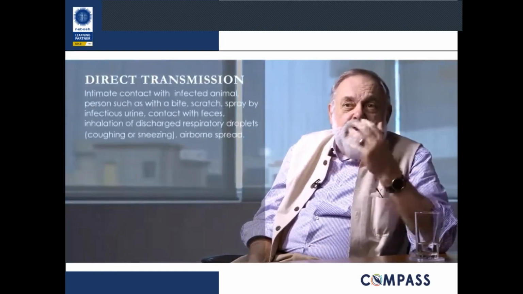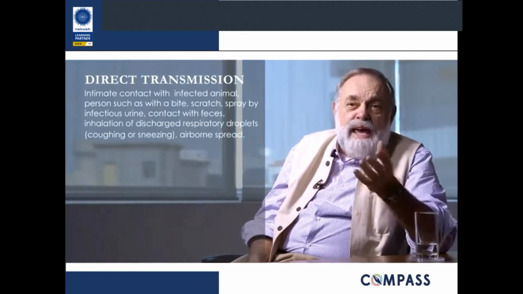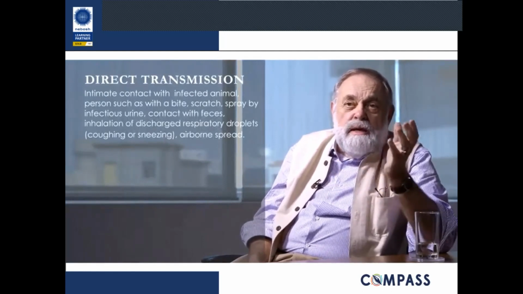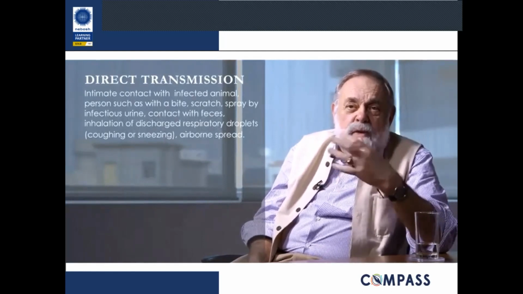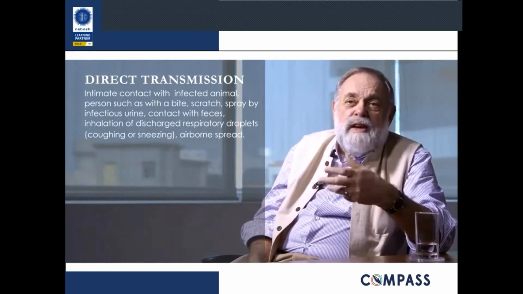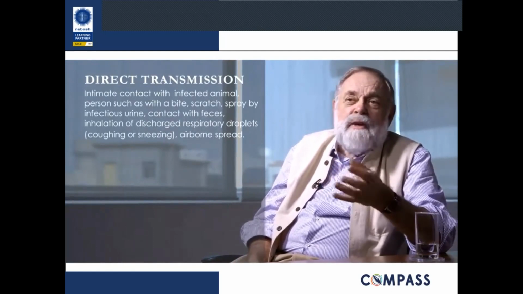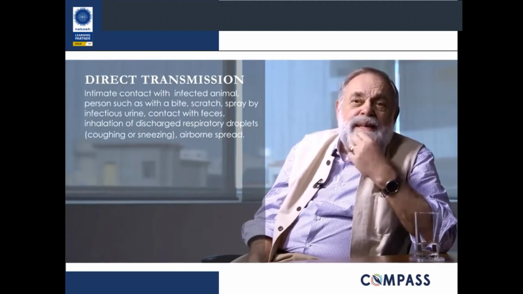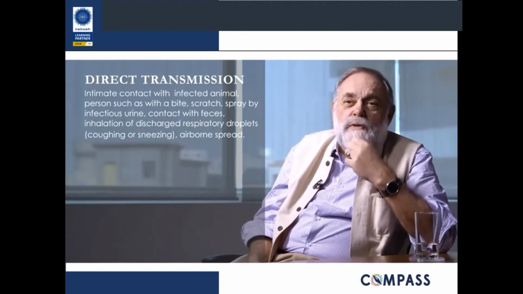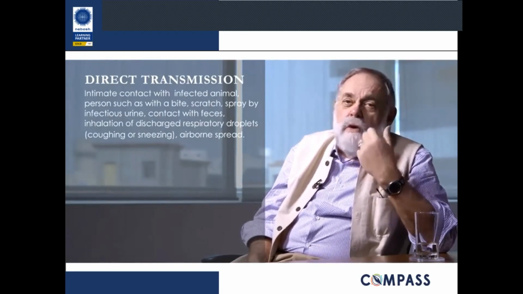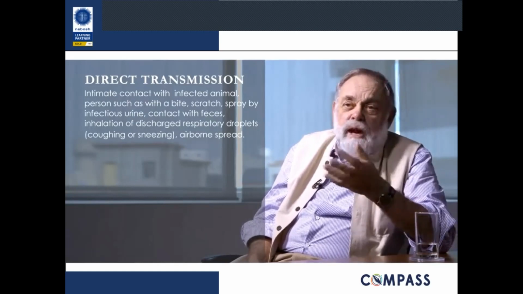Now, there are different types of transmissions with zoonoses. There is direct transmission, that is, intimate contact with an infected animal or person, such as with a bite, a scratch, a spray by infectious urine, contact with fecal material, inhalation of a discharge, respiratory droplets due to coughing or sneezing, airborne spread.